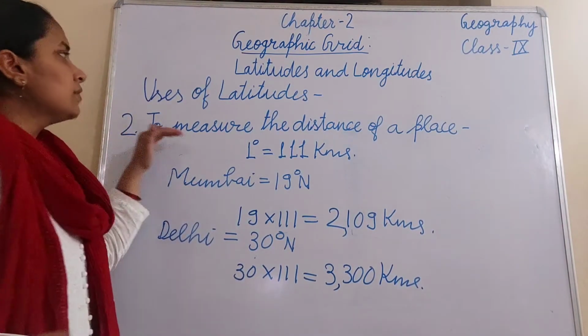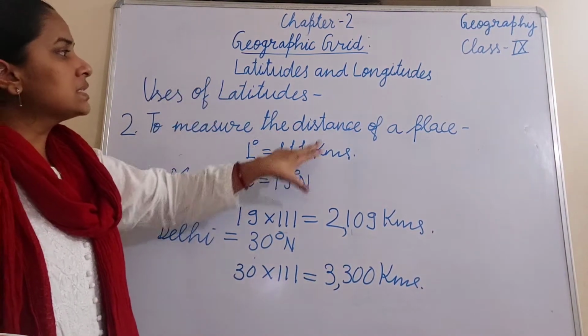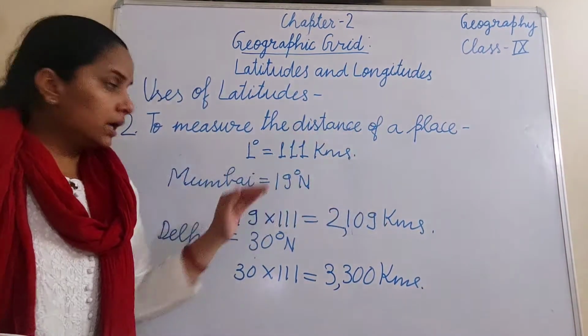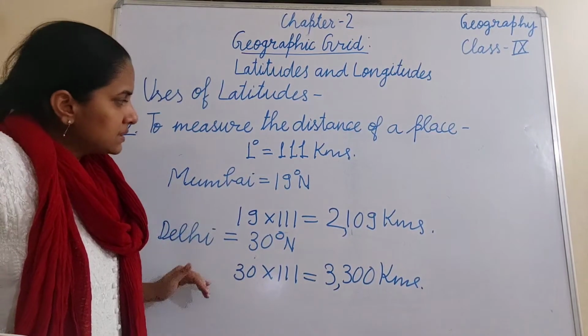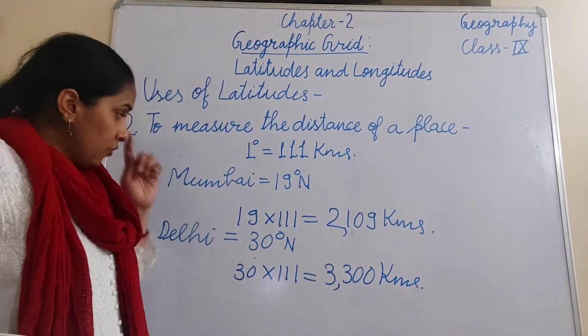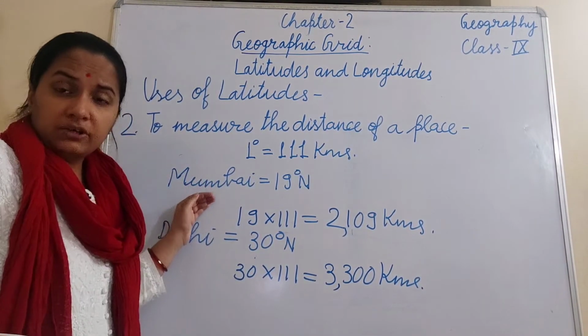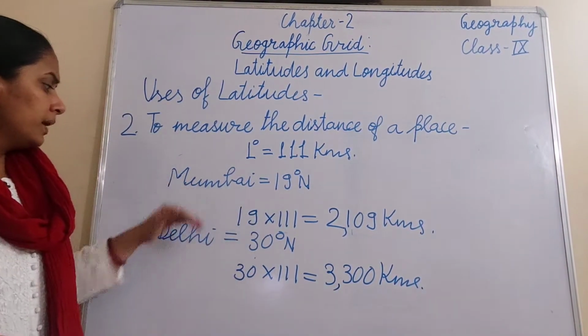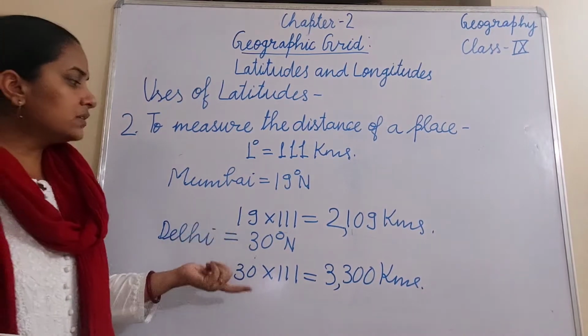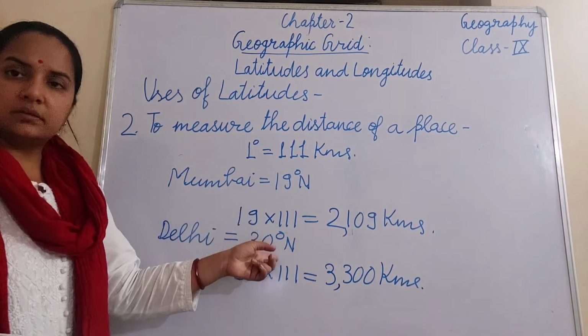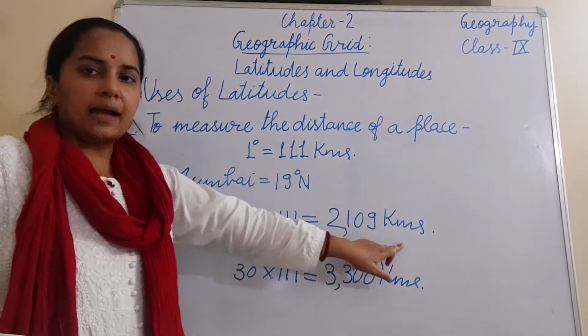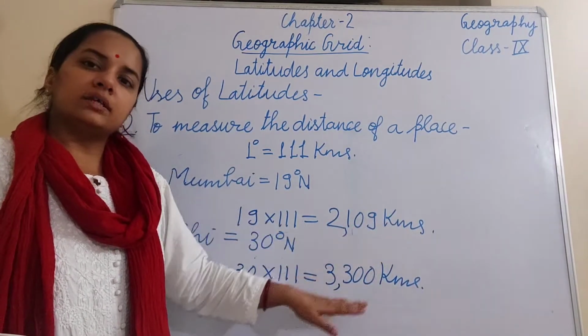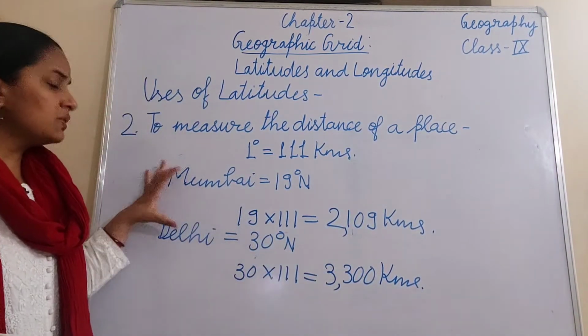So this is the way we can measure the distance of a place. Here we found the distance of these two places from the equator. Suppose we have to find the distance between Mumbai and Delhi, and only the degrees are given, 19 degree and 30 degree. We will convert that into kilometers, and in this way we can also find the distance between two places.